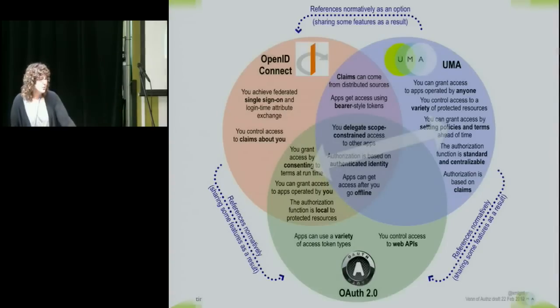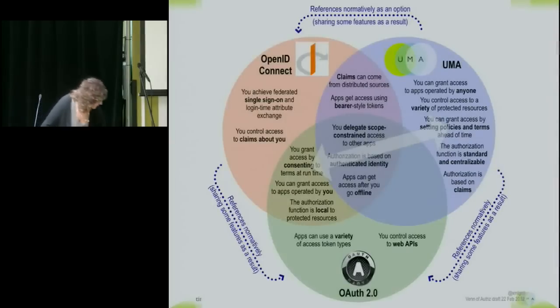Next is the model by which you engage in privacy-enhanced interactions. It's not just a matter of consenting at runtime. It's a matter of setting up policies, which means that you're a more empowered offerer of data and service access. That's a very big conceptual switch, and it's also a switch in the way the protocol works.